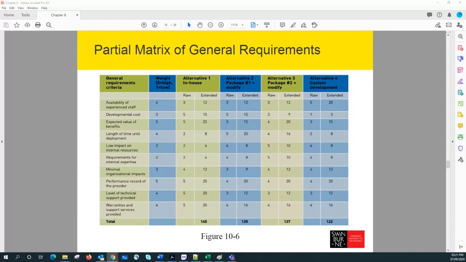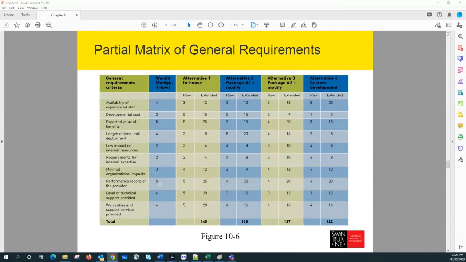They considered it very critical in their circumstances. So they gave 5 for that general requirement. And then they came up with 3 alternatives.